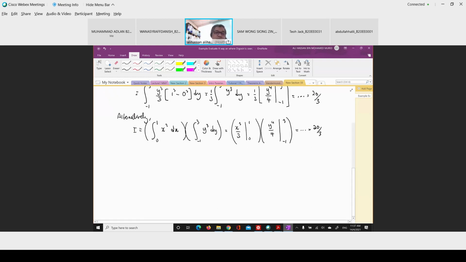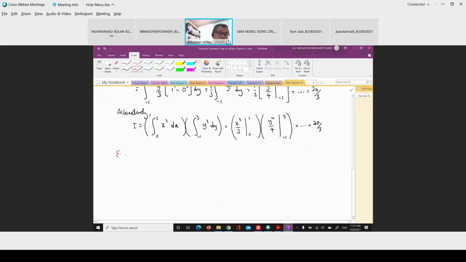Okay, then let's try another example. Evaluate the double integral of dA over x plus y, with the domain D consisting of all points x, y, and suppose it is also a rectangular domain.